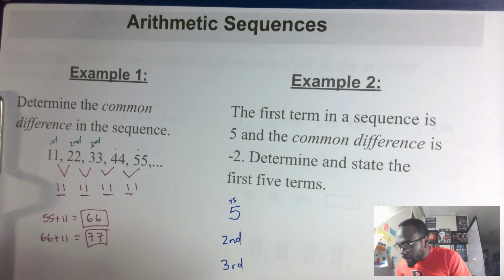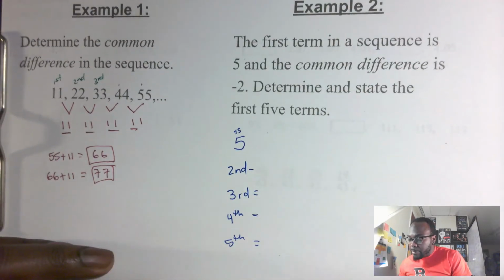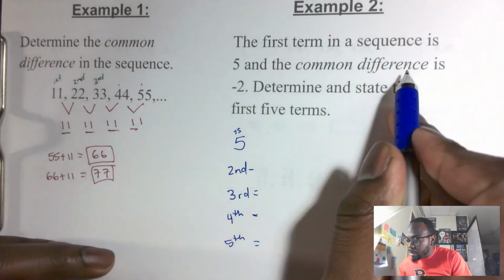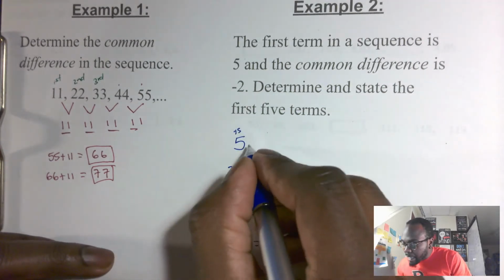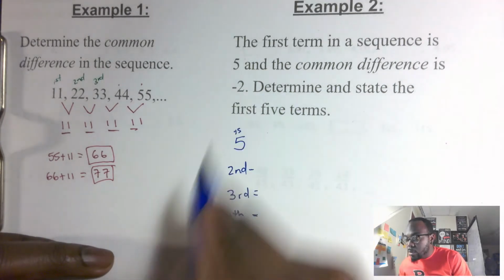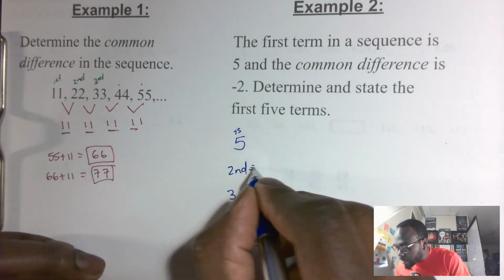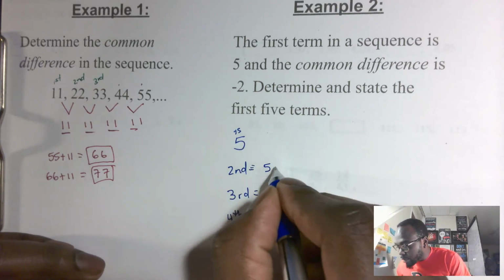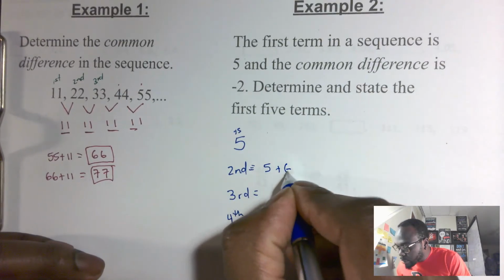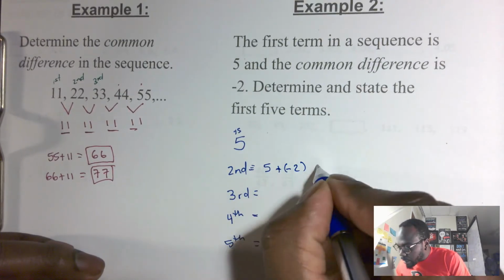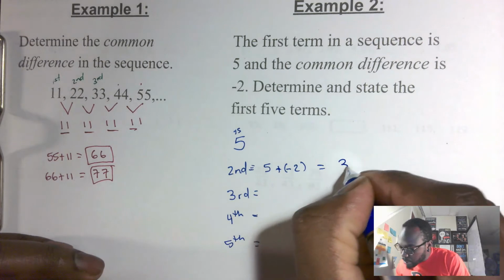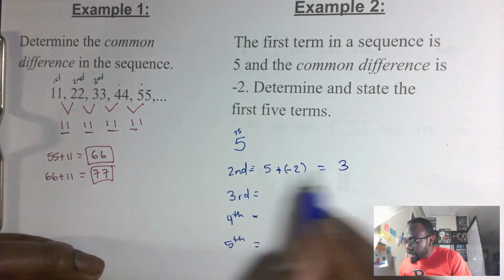All right. So let's look at how this works. If my first term is 5 and the common difference is -2, I add -2 to this. So 5 is my first. My second is going to be 5, which is my first term, plus -2, and this is going to give me 3. So my second term is 3.